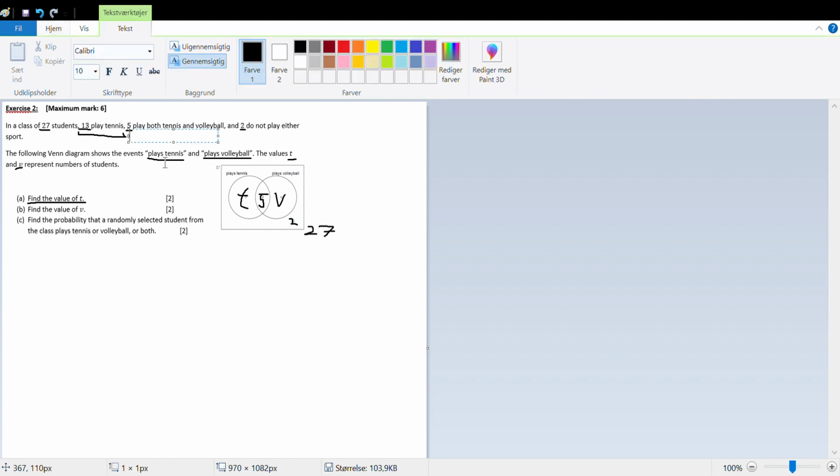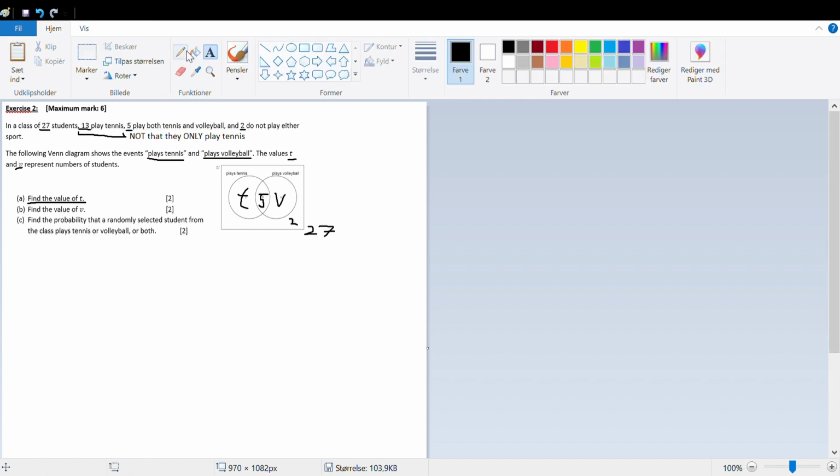That's not saying they only play tennis. Because they can play other things too, it means that this 13 actually includes the 5. So 13 has the 5 in it.